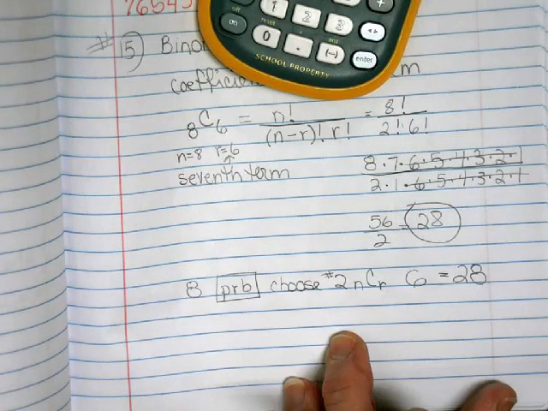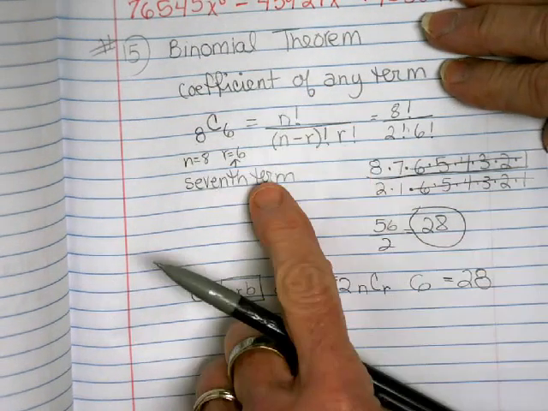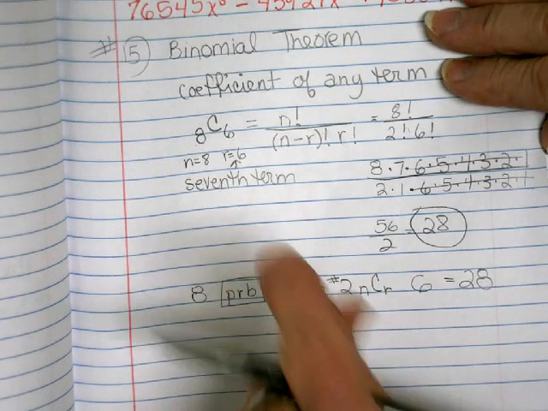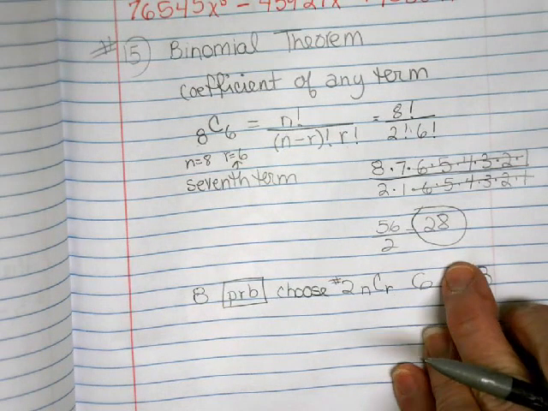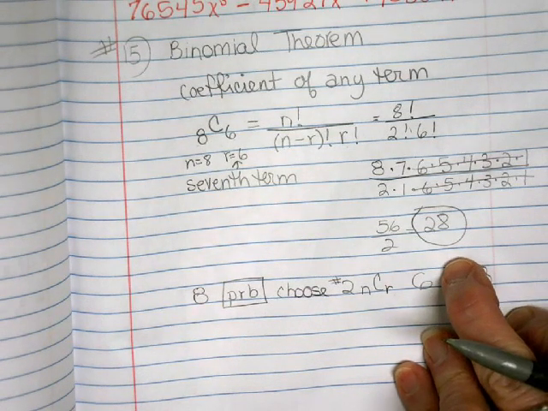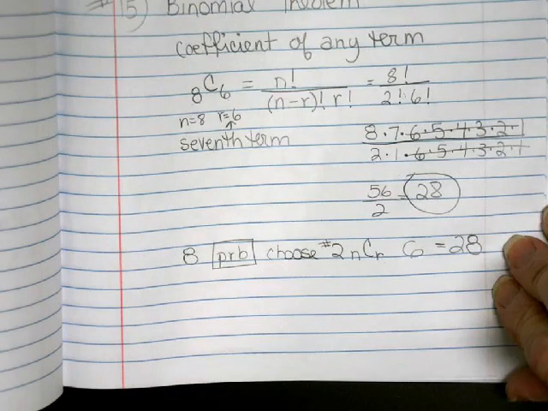And you're going, well, what good does that do? Well, now you have your coefficient when you're going to find a certain term of a polynomial without multiplying it out 8 times. So that's the power of the formula.